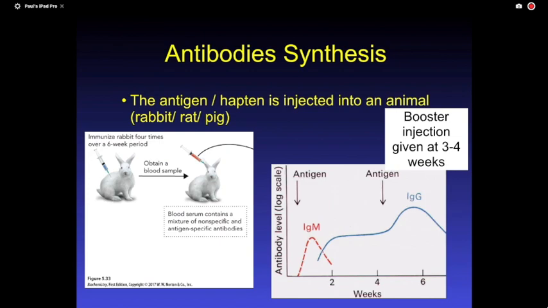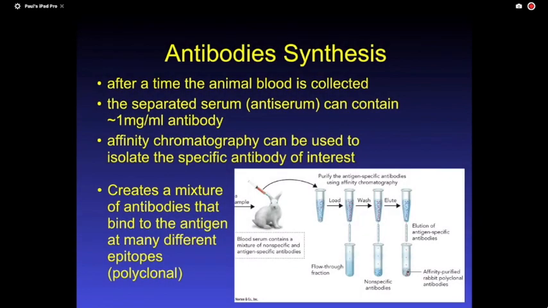All right? And so now you've got a mixture in the blood of all different antibodies. You can spin that down, and you can get the red blood cells out, and you're left with the serum. Okay? It's called serum or anti-serum because it has a very large collection of antibodies, every single antibody that the rabbit's making. Okay? That's usually not what you want.